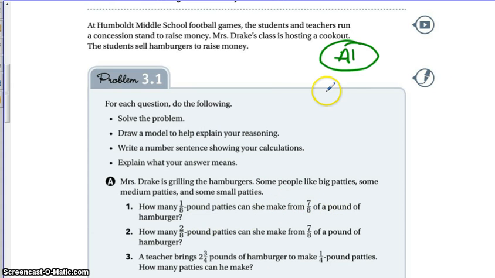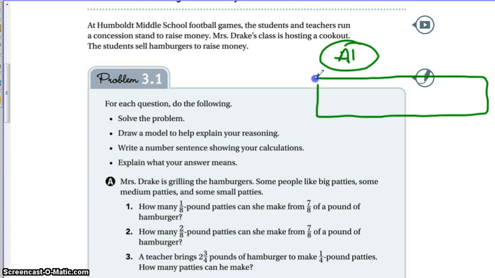Well, the first thing I'm going to do is draw a picture, okay? And I realize that my picture here is not representative of what a pound of hamburger looks like, but I'm going to draw a box, and then I'm going to cut this box into eighths. So cut it into fourths, cut each fourth in half, so there's 4 pieces, and here's 4 pieces.